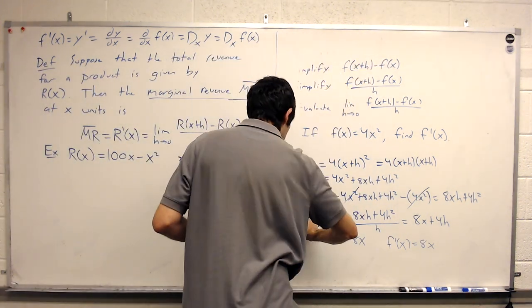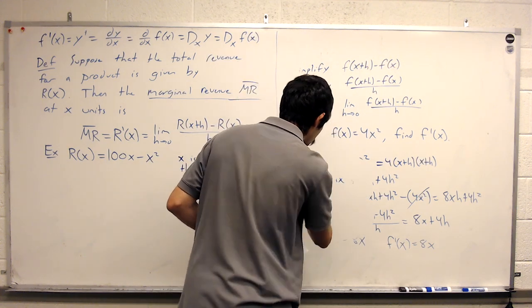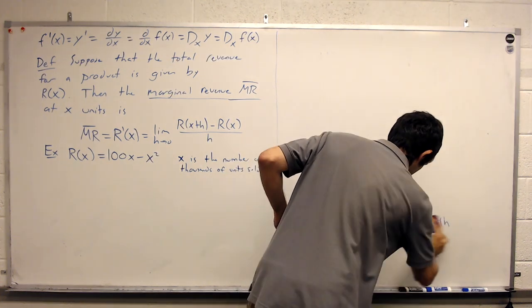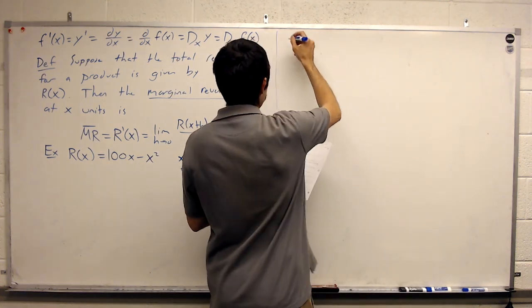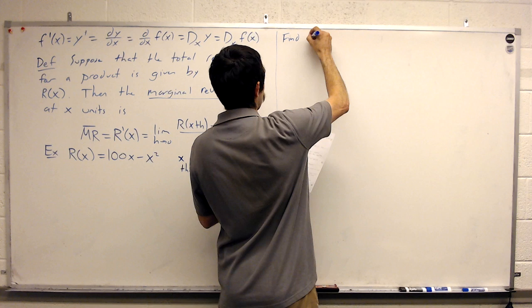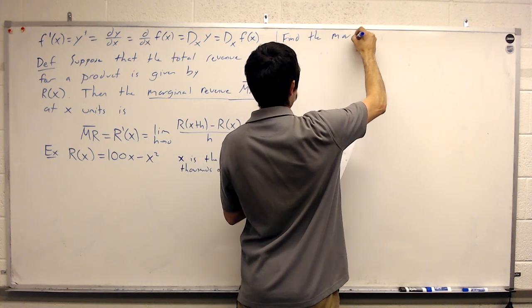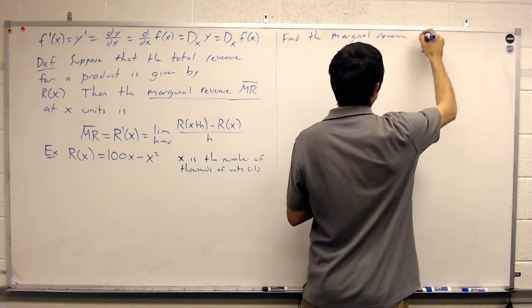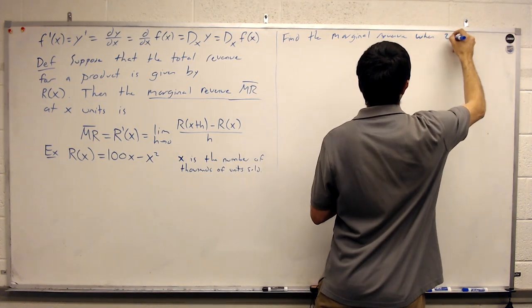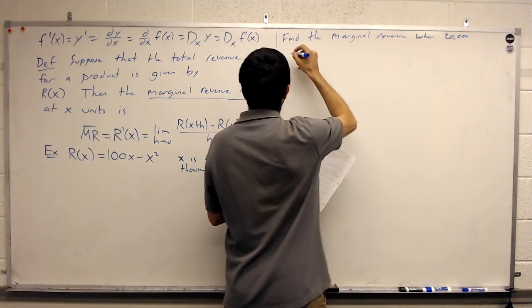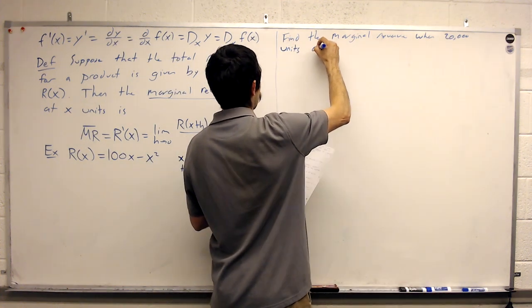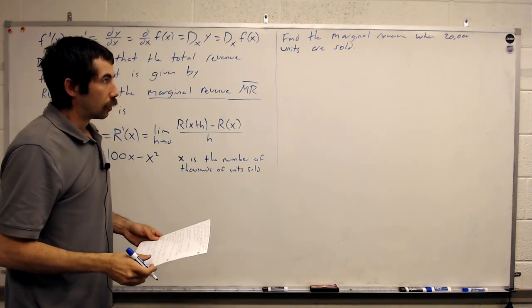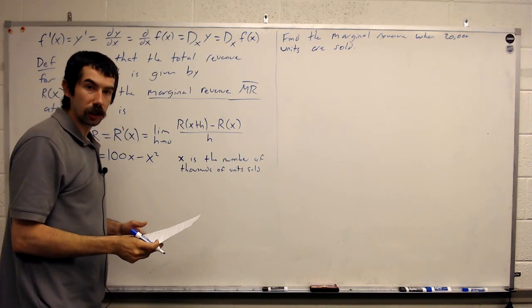And what I want us to do is find the marginal revenue when 20,000 units are sold. So let's get the marginal revenue function.